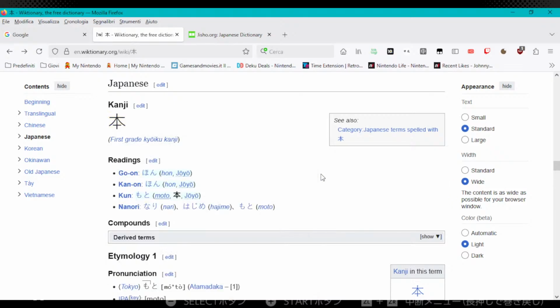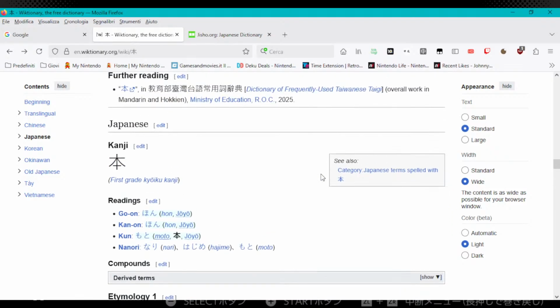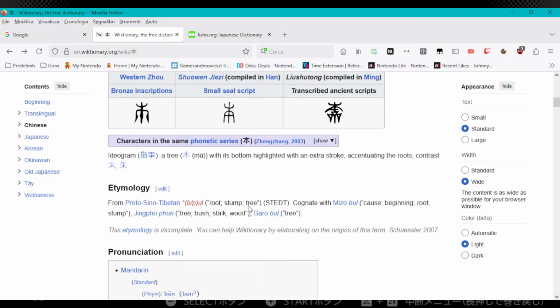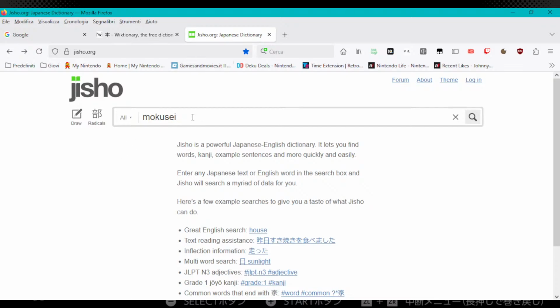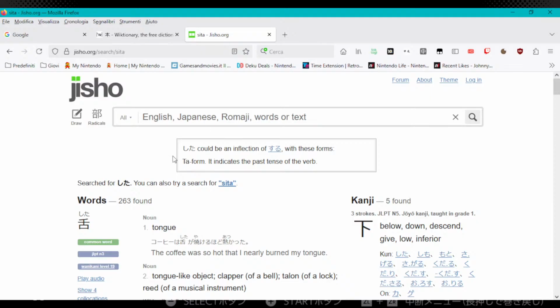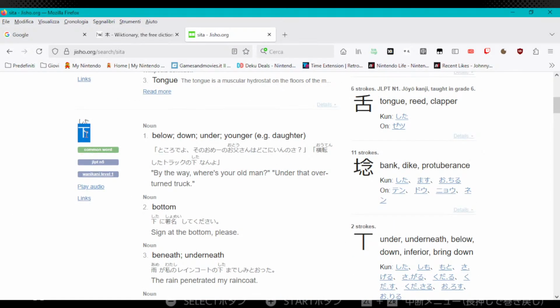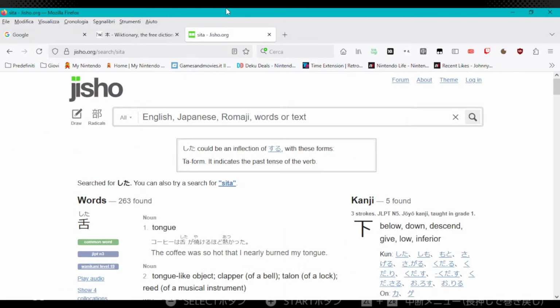Okay. Then we can see the word for the kudasai. But as we'll see, and I'm also searching it here to copy it in our dictionary.